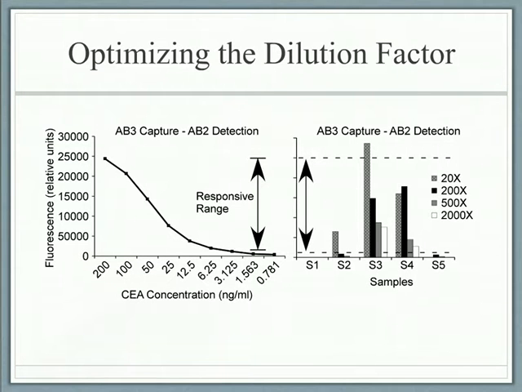We had purified protein as our standard. And when the CEA is too concentrated, you see above about 200 nanogram per milliliter, the curve starts to flatten out, to plateau. It's because we are saturating the binding of the capture antibody. And at that point, we no longer can get linear responses.